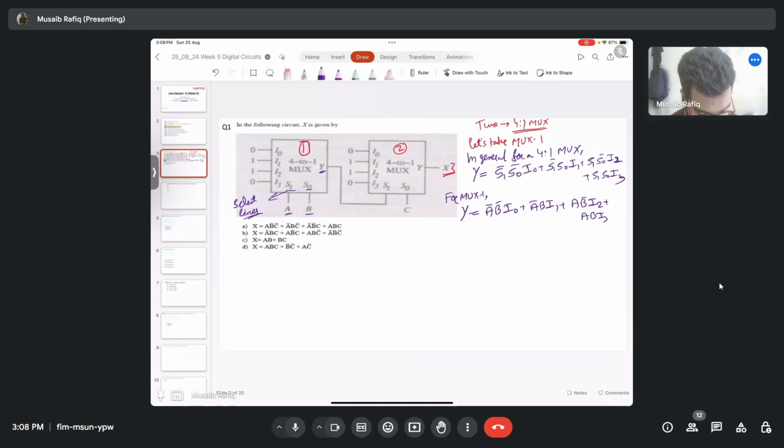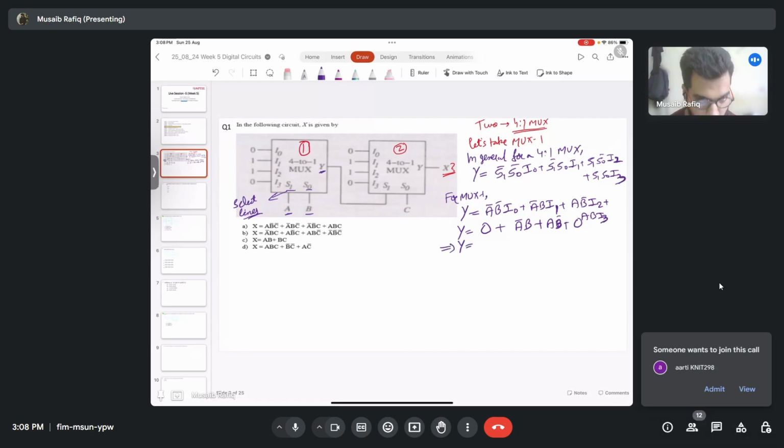Now I'll plug the values of the inputs. I0 is 0, so this will be 0. Then I1 is 1, so it will be A bar B. Then I2 is again 1, so it will be A B bar. And finally, I3 will be 0. So that implies my Y is equal to A bar B plus A B bar.